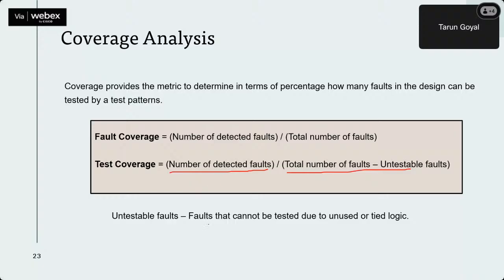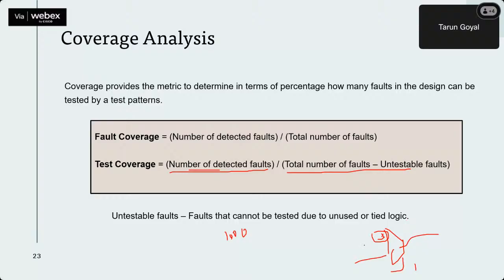Suppose I have a thousand faults, and a couple of faults may be untestable, like a mux which is always tied to 1, so it always takes the data from one leg and the other is never used. Its fault is there, but is there any use case where this fault will be exercised? No, there is no functional scenario. It's a kind of redundant fault, a blocked fault. So these are the untestable faults, which we subtract from the total number of faults.